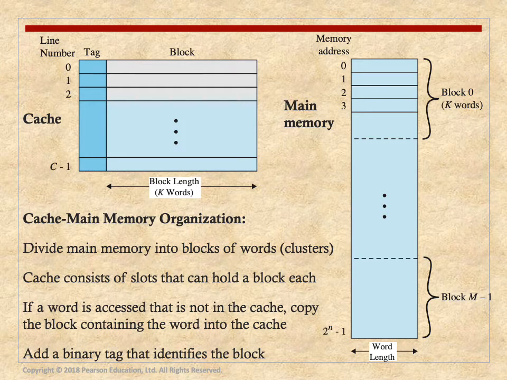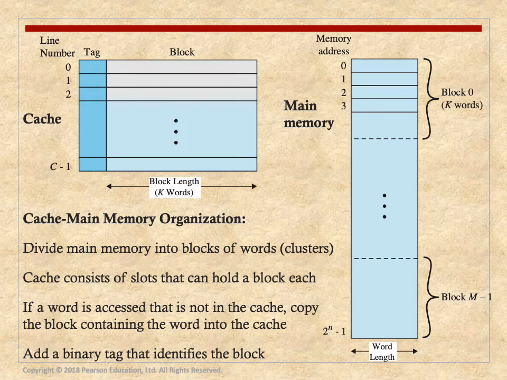The number of cache slots is typically much smaller than the number of blocks in the main memory. So we may assume, for instance, that we have 10 slots in our cache. Since we already said that we assumed that we have 1,000 blocks in the main memory, only a small portion of these blocks can be held in the cache at the same time.